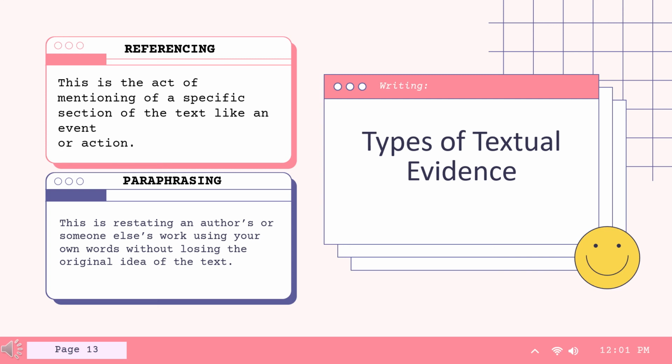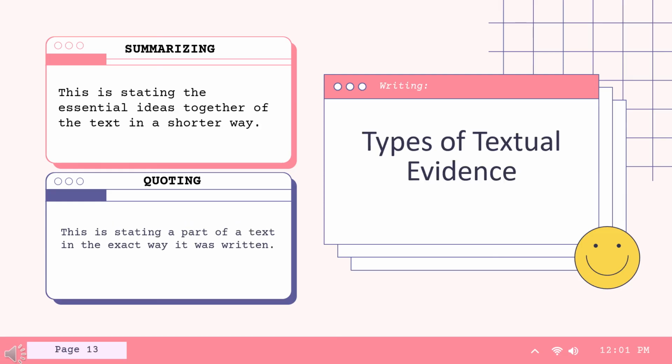You have the right to absorb that idea. However, make sure that you reword or restate it so that you will not engage in academic dishonesty, or what we call plagiarism.